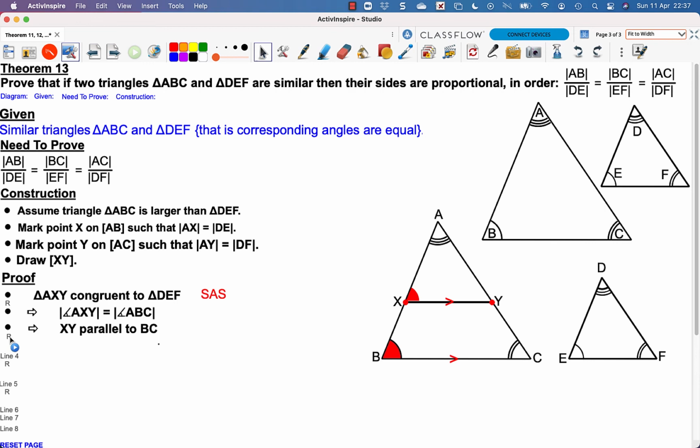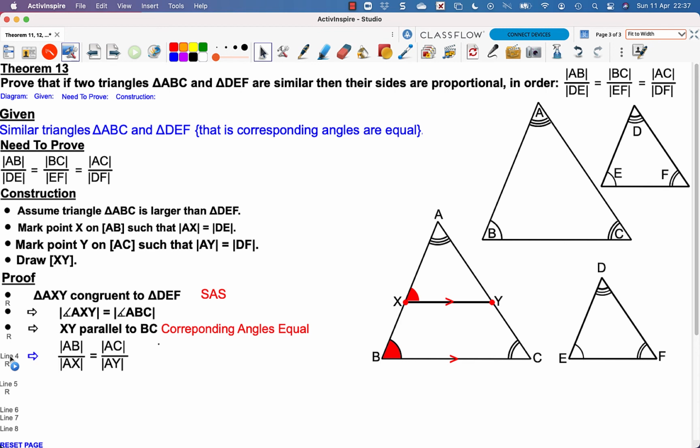The reason why it's parallel is because we've got F angles at X and B, and the technical term for those F angles is corresponding angles. So if corresponding angles are equal, then we have parallel lines. Now, because we've got parallel lines here and here, we've now created the scenario for Theorem 12.